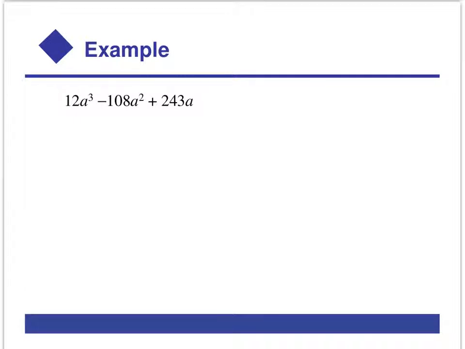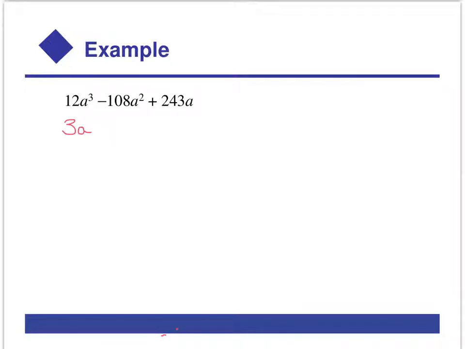Now, the one thing I have failed to ask you is, have we factored out a GCF? The ones that we have been working with did not have a GCF, but this one does. So let's go through and see if we can factor out. It's going to be a 3a.